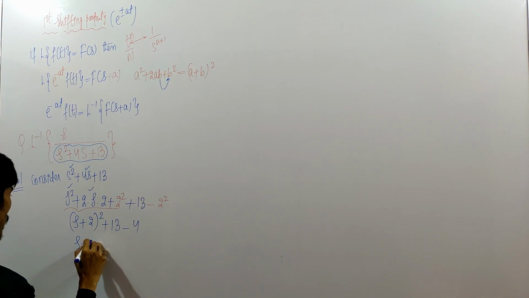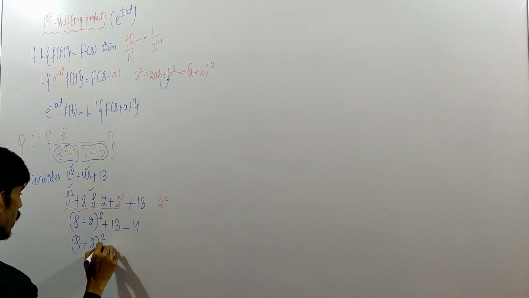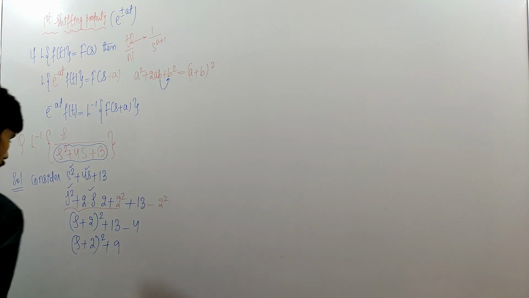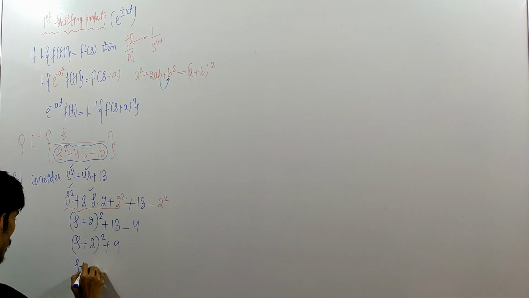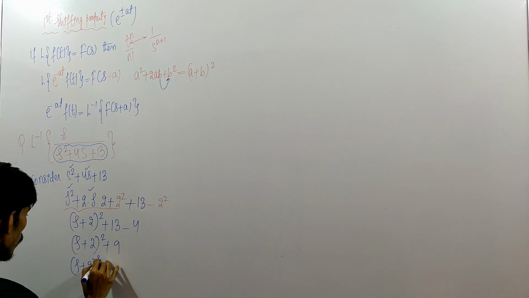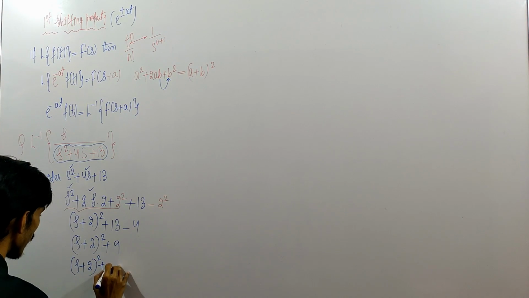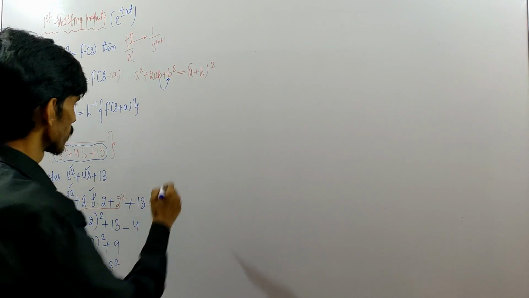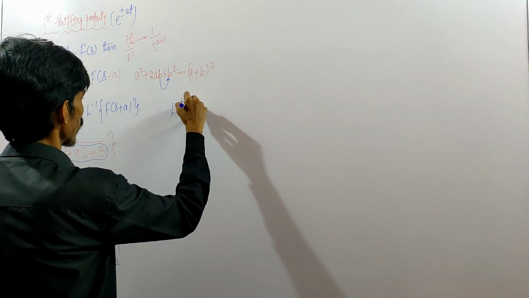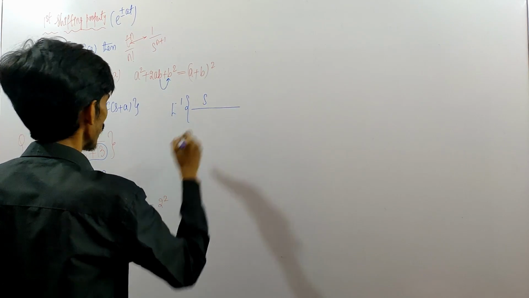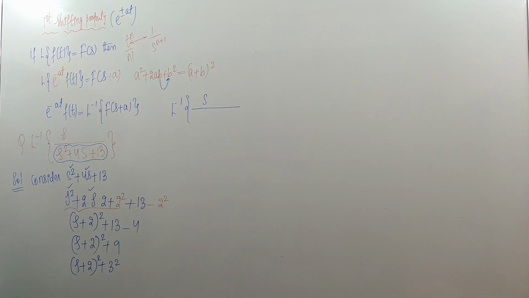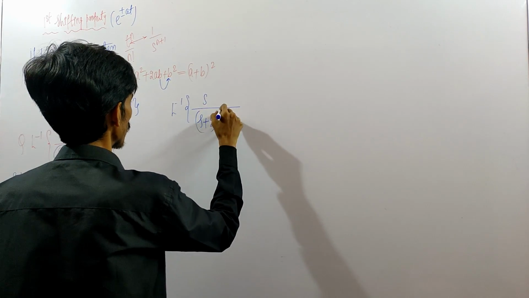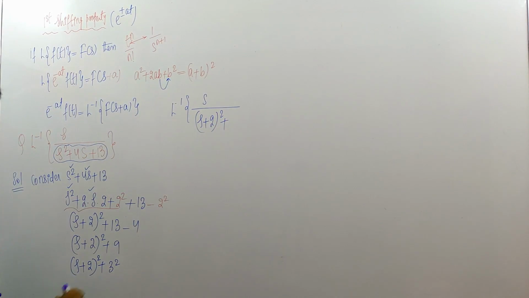So we have s plus 2 square, we have 13 minus 4, 9. That can be written as s plus 2 square plus 9, which can be written as 3 square. So this L inverse s divided by this can be replaced by s plus 2 square plus 3 square.